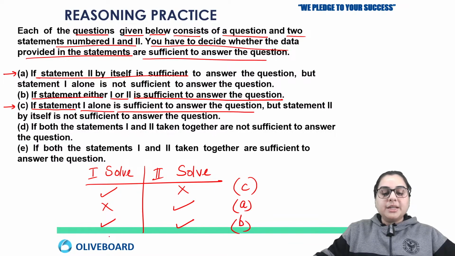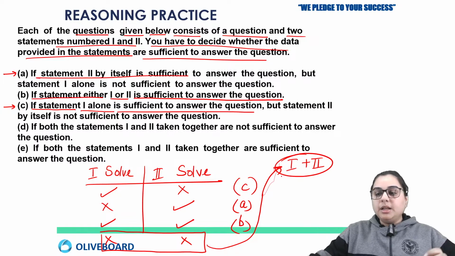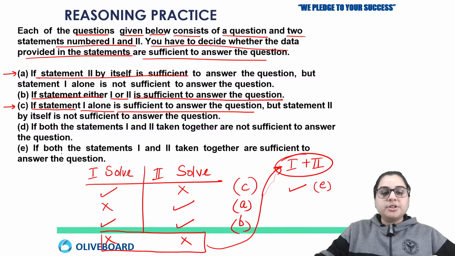But if you are not getting the answer from either 1 or 2, then you are going to merge both the pieces of information together. Now you will make a solution after merging both the statements, and if by merging them you get your answer, then your answer will be option number E, which says both the statements 1 and 2 taken together are sufficient.